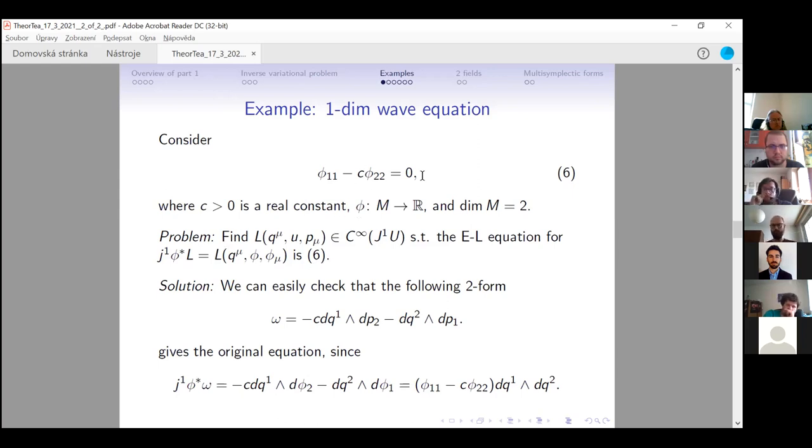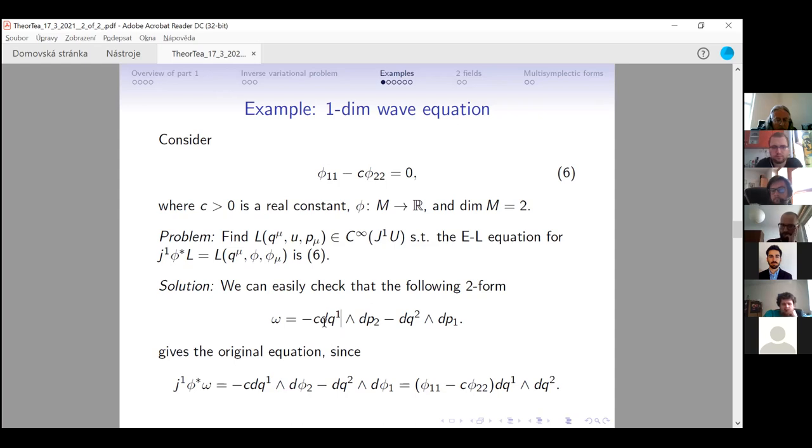Probably everybody knows that there is a Lagrangian for this equation, and let us just see how the calculus works in this simple case. This form omega is exactly such that if I consider the Monge-Ampère equation for this omega, I will get 6. We can check it directly.